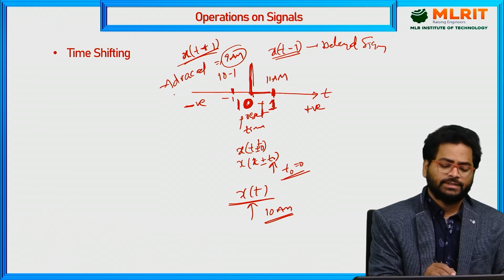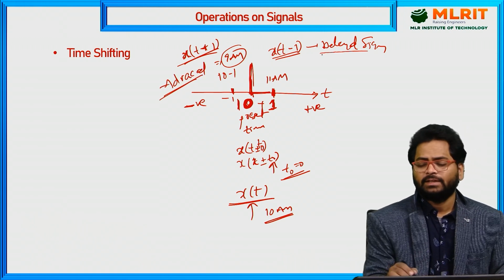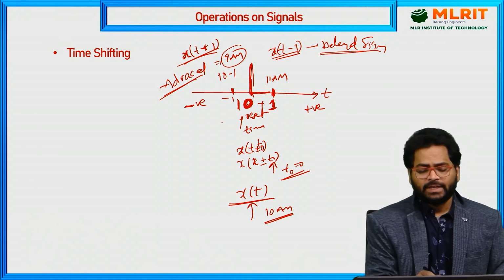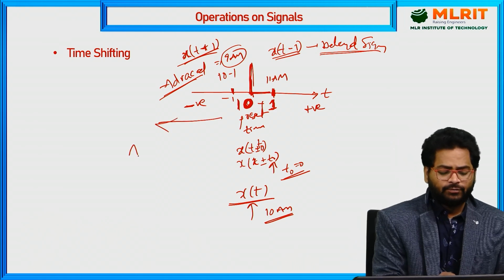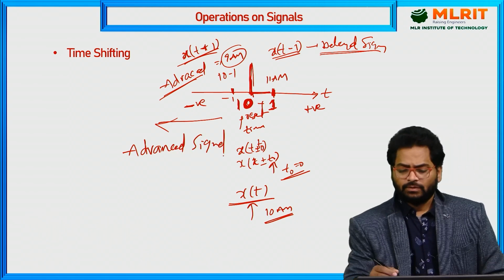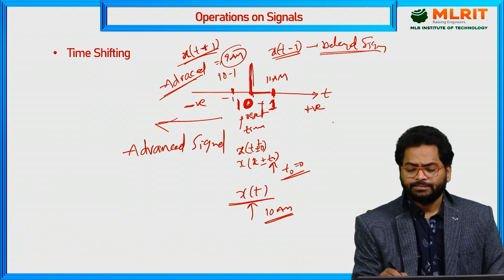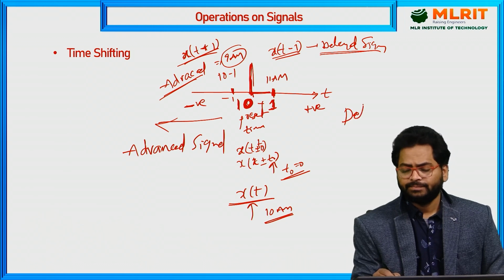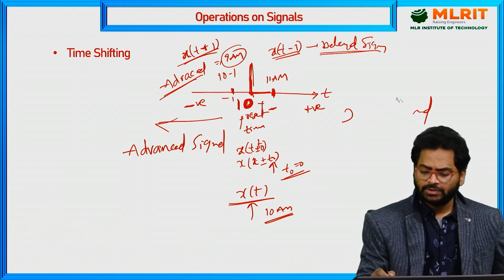For the left side, you call it an advanced signal, and for the right side, a delayed signal.